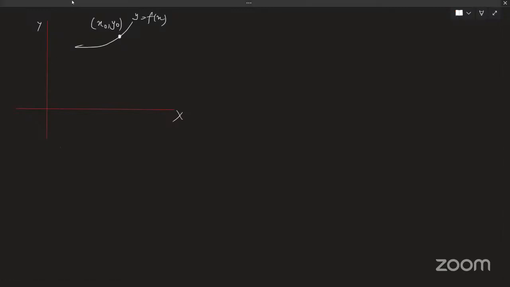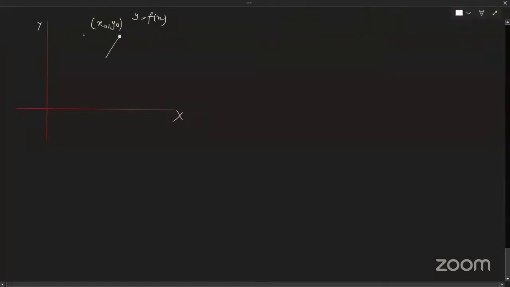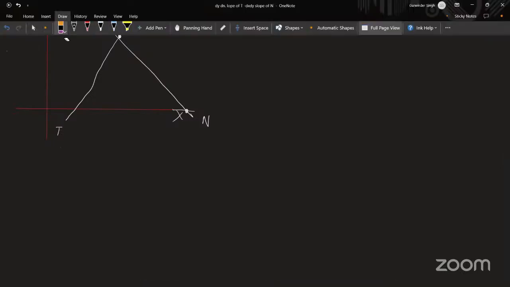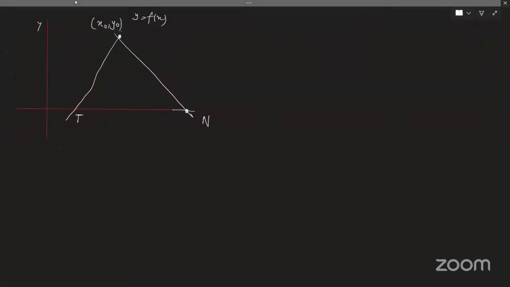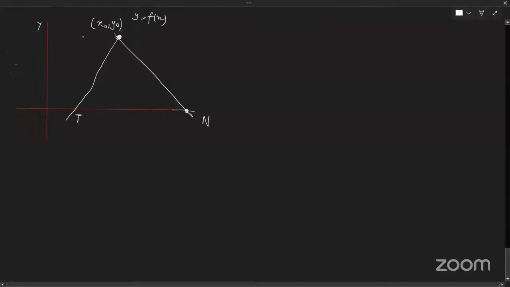For the time being, I can just erase this curve. So this is my tangent T that I have drawn, and this is my normal N. The point at which my normal is intersecting the x-axis, I am calling that point N. The point at which the tangent is intersecting the x-axis, I am calling that point T. Okay, great.